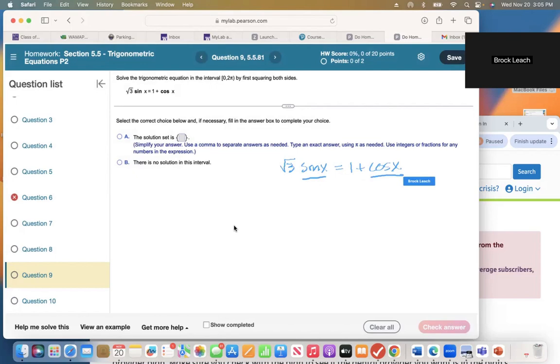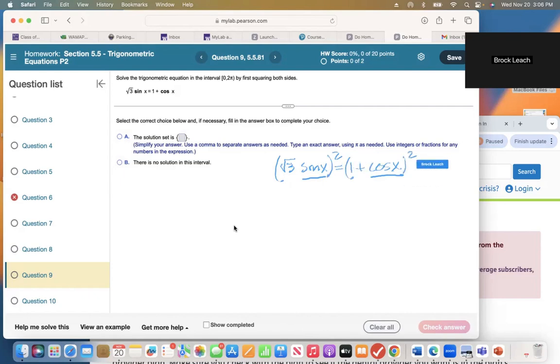We need to be able to have one to use, either a sine or a cosine. So the best way to do this is going to be to square both sides. So one of them is a sine squared that we can substitute out, or a cosine squared that we can substitute out, right?